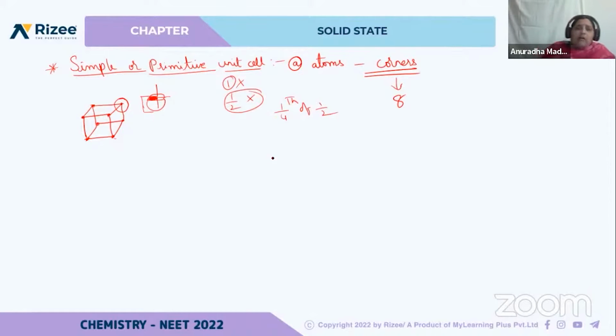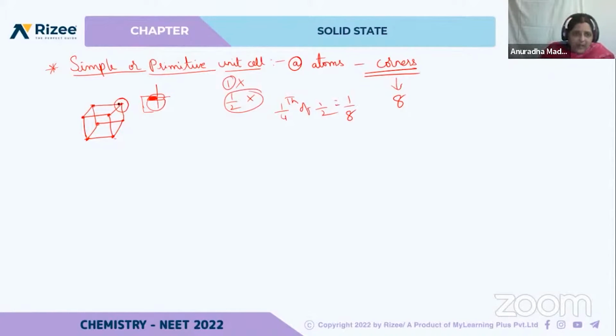For the half part 1/4, so for the full atom 1/8. Here the atom is not completely getting into the cube. Half of the atom is outside that unit and half is inside, and not even exactly half: only 1/4 of the half part is inside. So in total, 1/8 of that atom is present inside that cube.